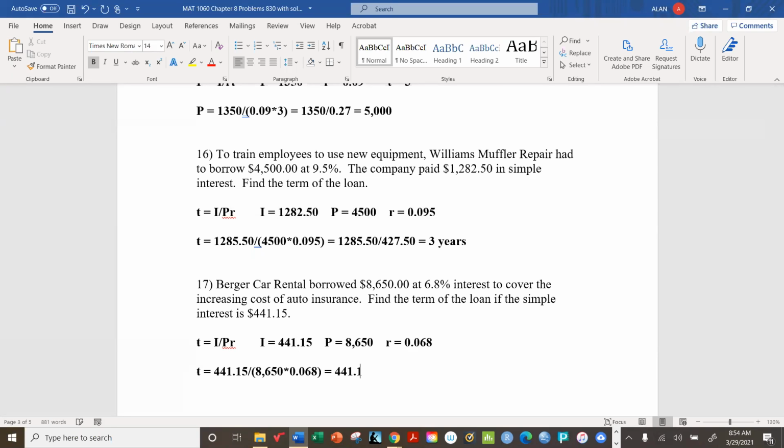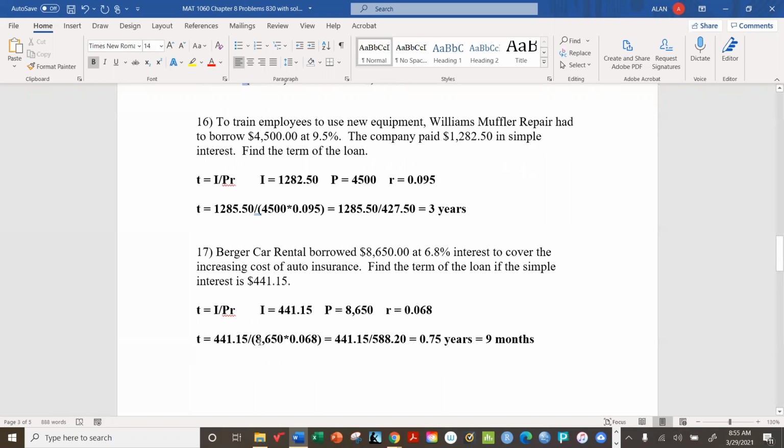And so we have 441.15 over 588.20, which works out to be 0.75. Now here, 0.75 means 0.75 years, which can be interpreted as 9 months. Okay, so yes, you can leave it as 0.75 years, but that is actually 9 months.